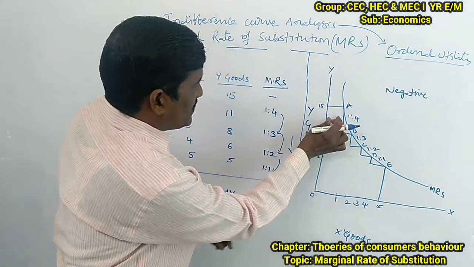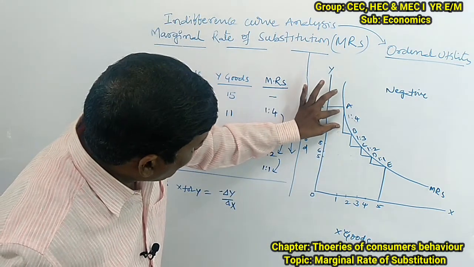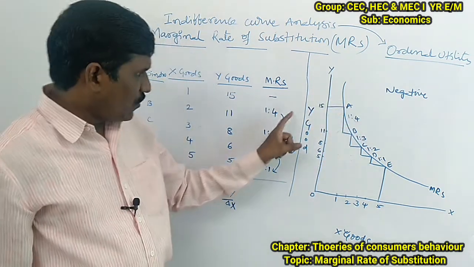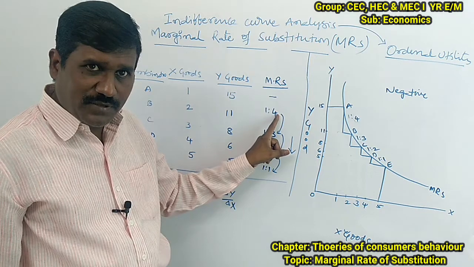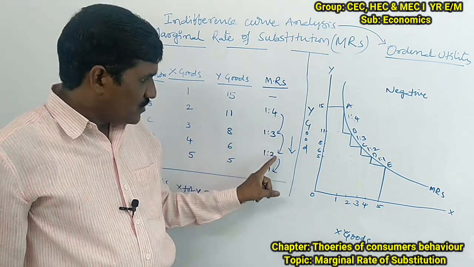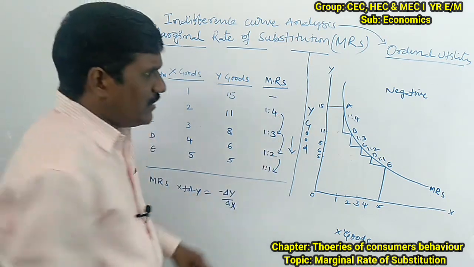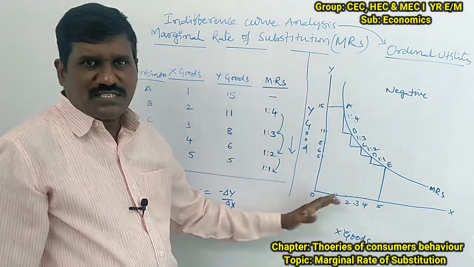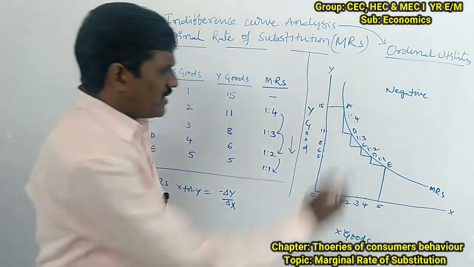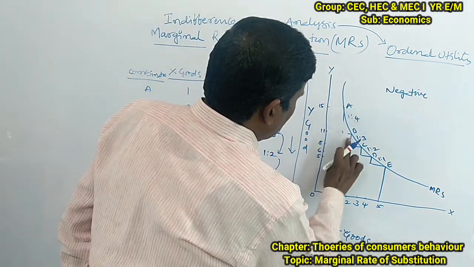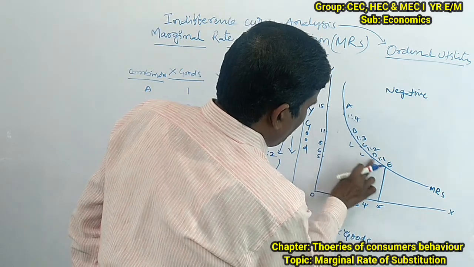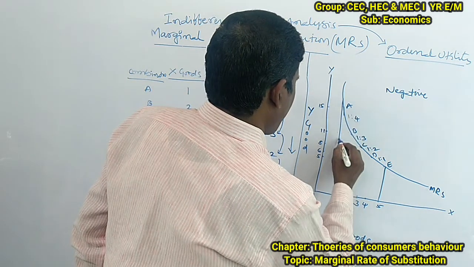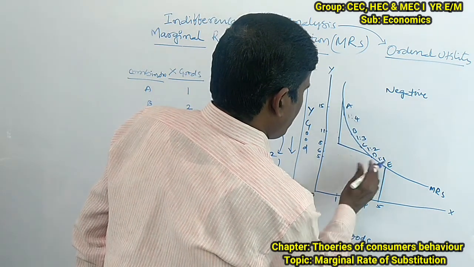See here, the size of the diagram is large, then small, then smaller. It starts with 4 in the initial, then second, third. Some textbooks give the marginal rate of substitution diagram like this.